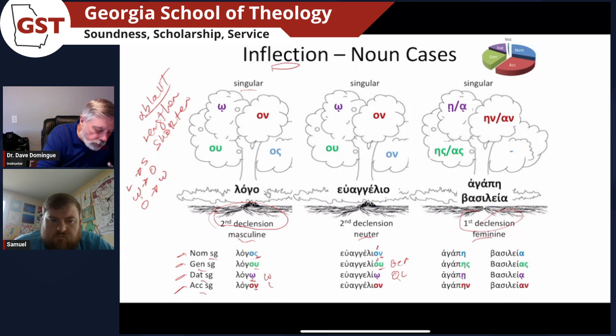So that's the short vowel going to a long vowel. Same with the eta going to an alpha, or an alpha going to an eta. So that's an ablaut. That's the lengthens or shortens. That's what's happened here. That's why that omega is there. This omicron has lengthened to an omega, and then we subscript the iota.